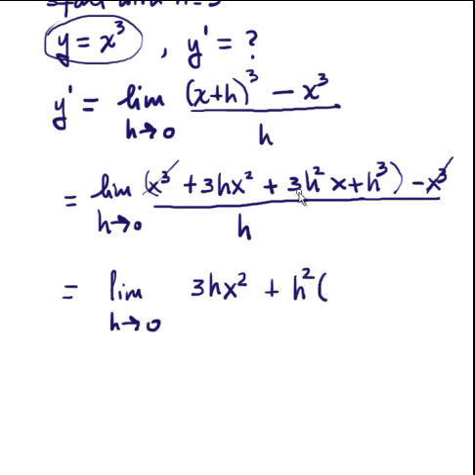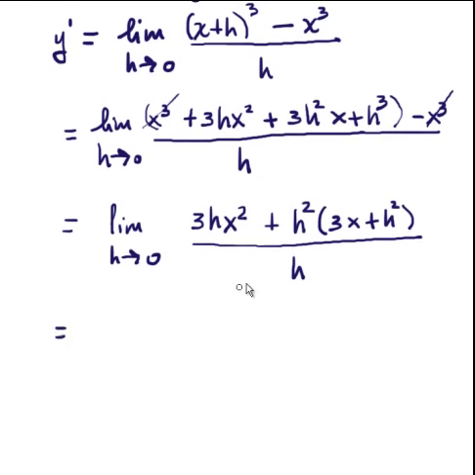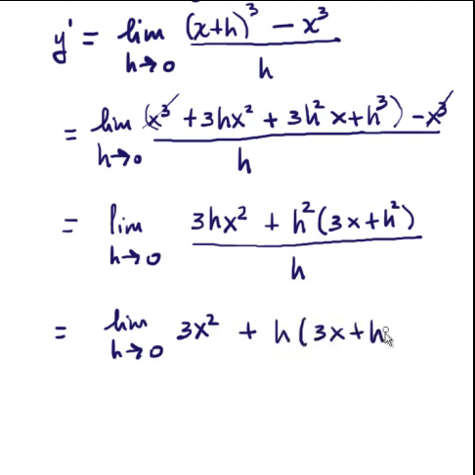So we have h squared, and in parentheses we're left with 3x plus h squared. Okay, so divide by h, so we have the limit as h goes to 0 of 3x squared plus h times h squared over h, we have an h, and then we have this.